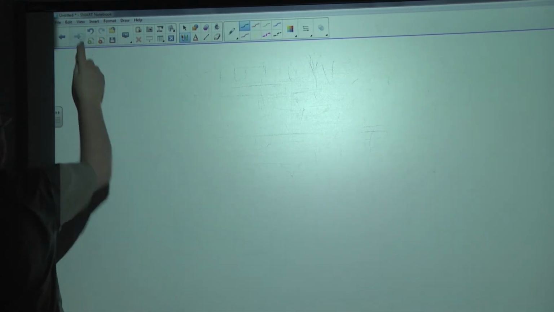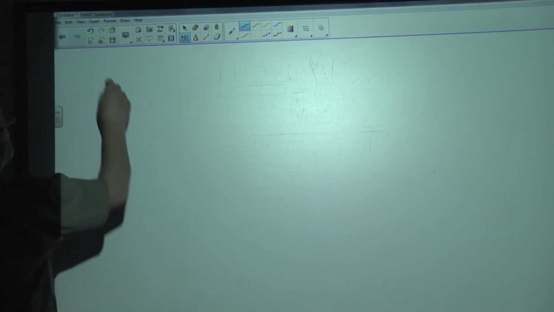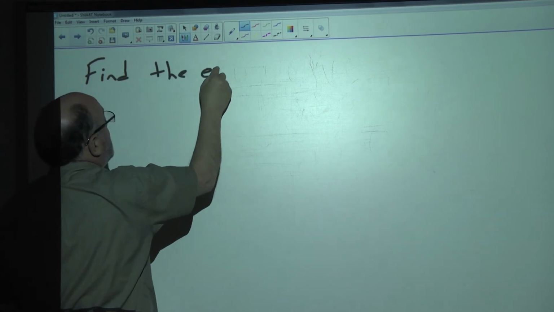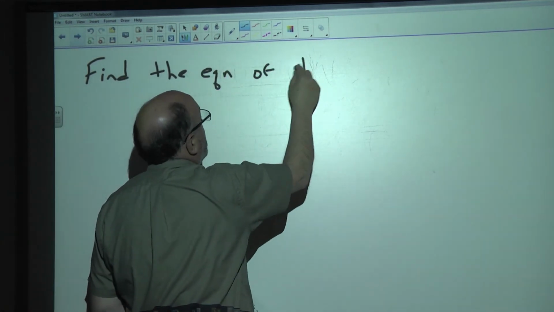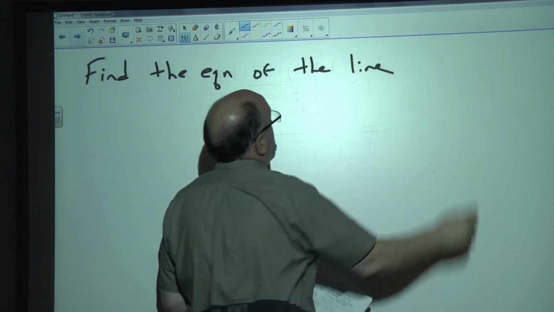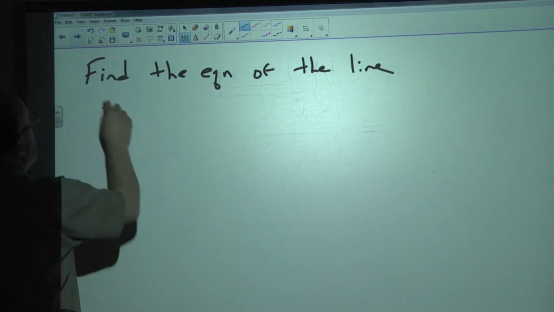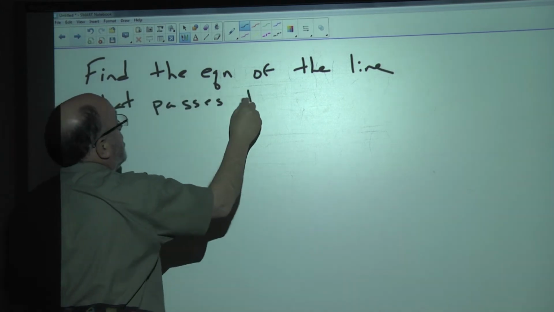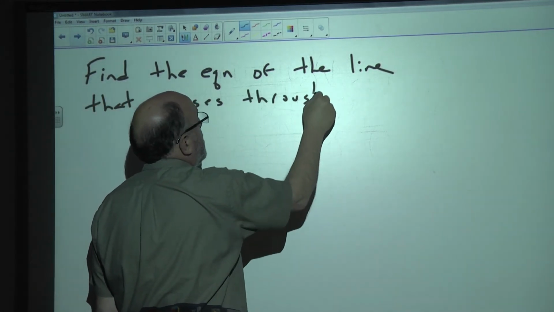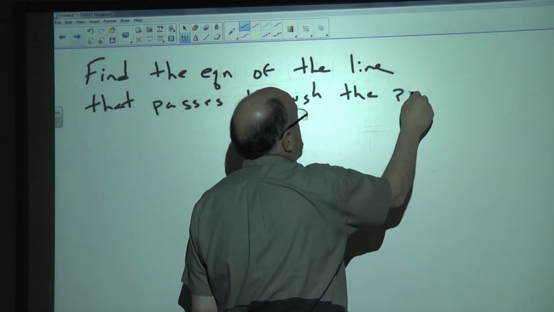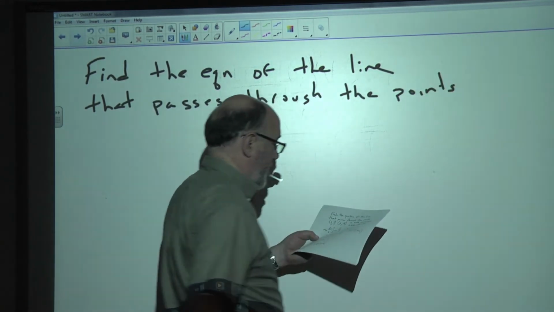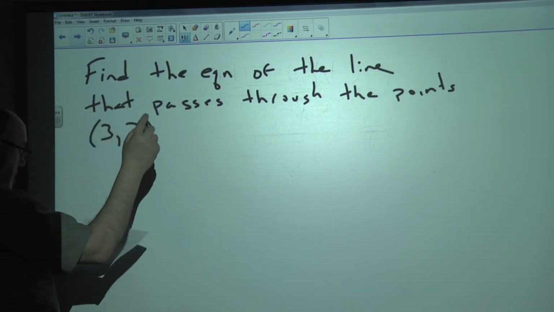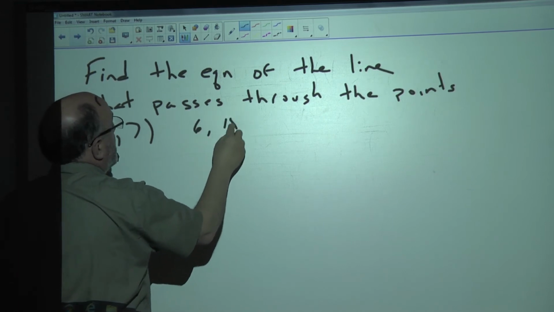So, for example, in terms of finding the equation of the line, find the equation of the line that passes through the points. And so now we got the point 3,7, and then the point 6,8.